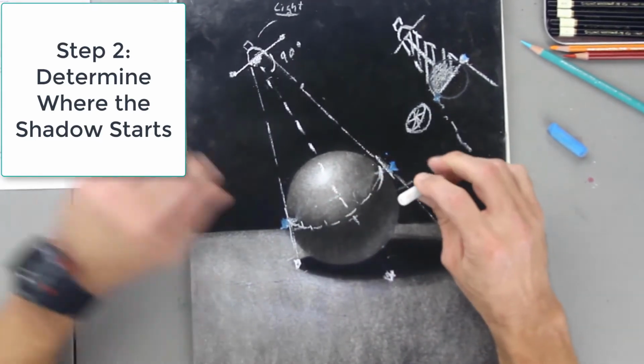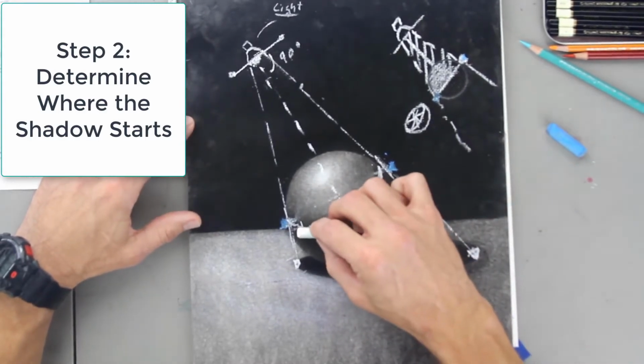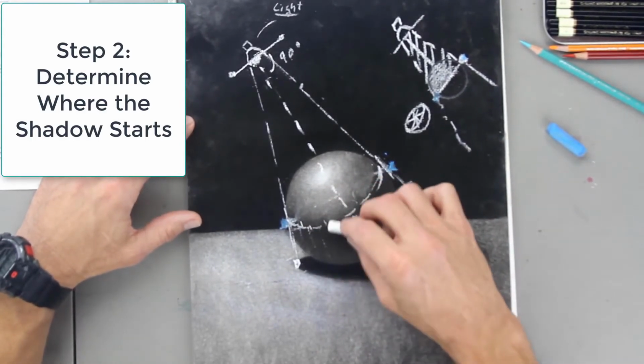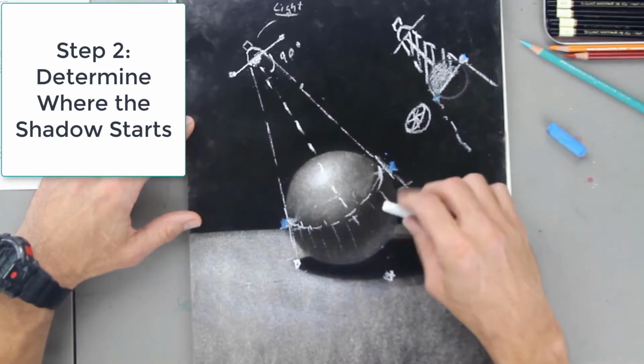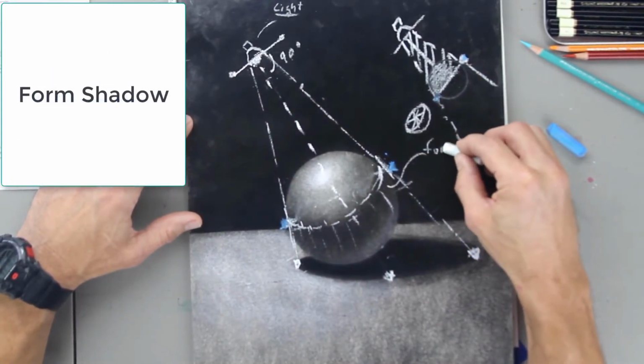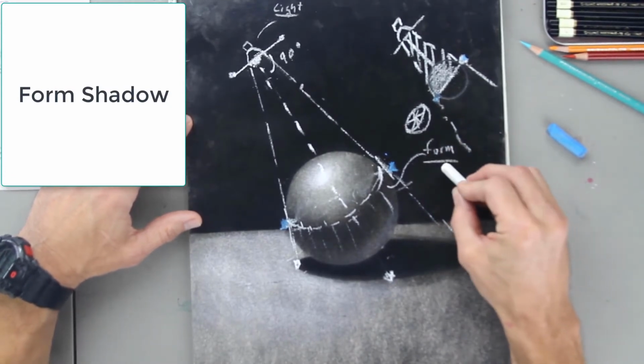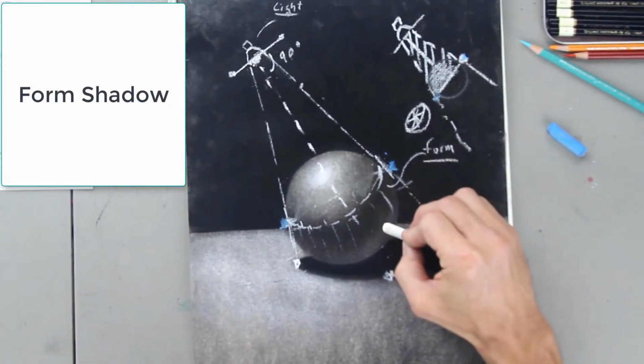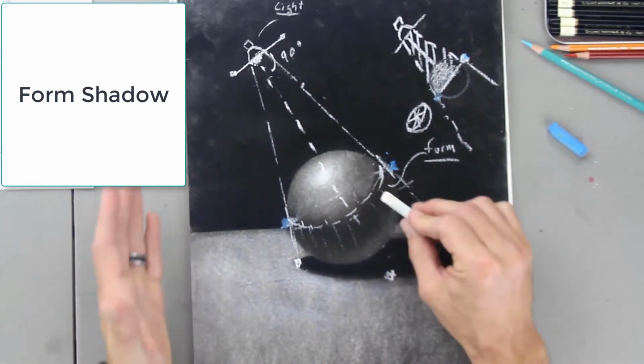So let's label these things. Everything that is right here is in shadow. This shadow is called a form shadow. Why? Because this shadow is on the form of the sphere.